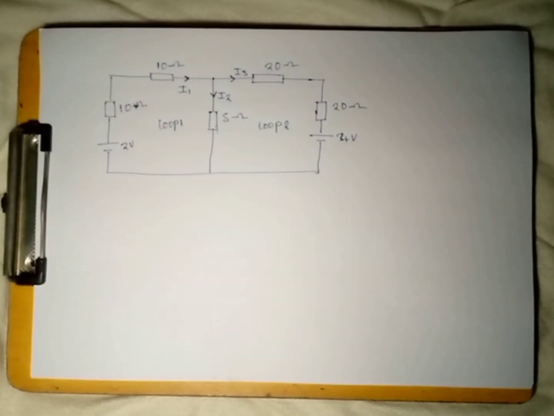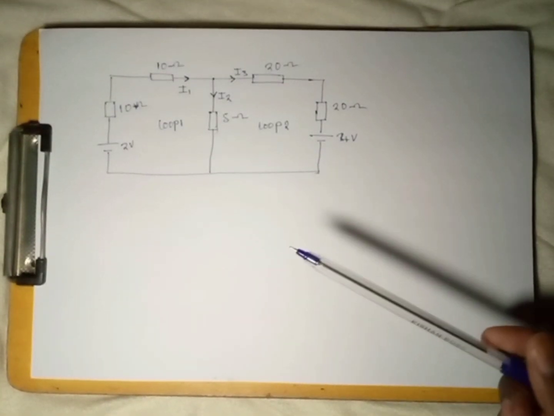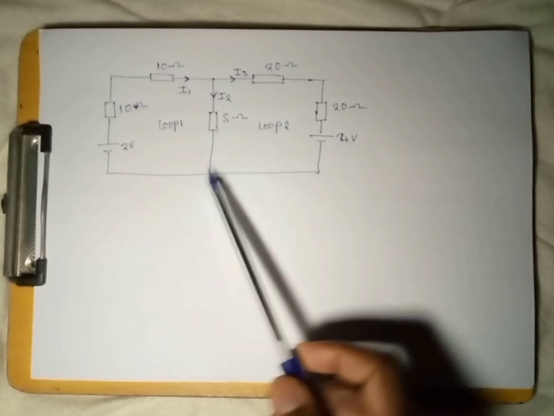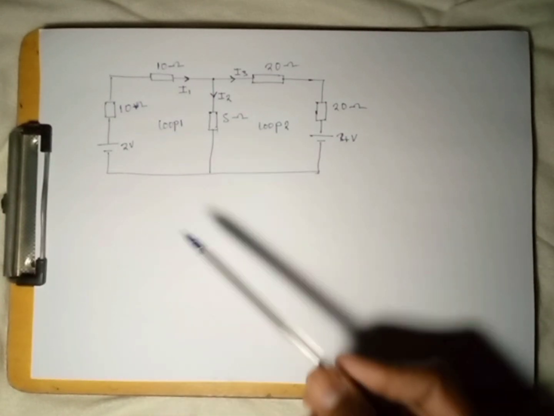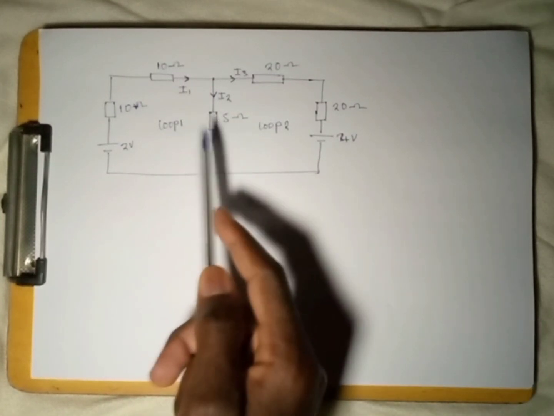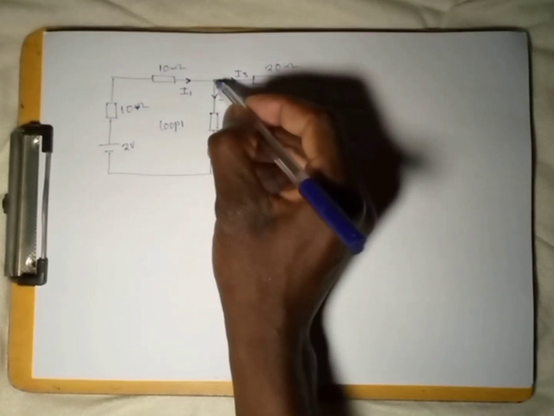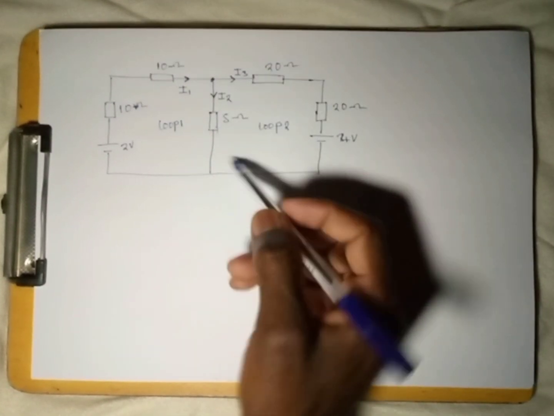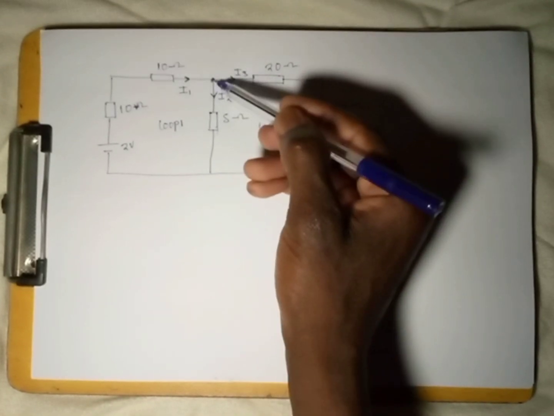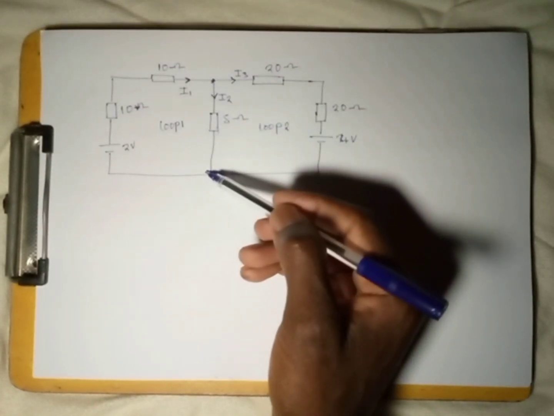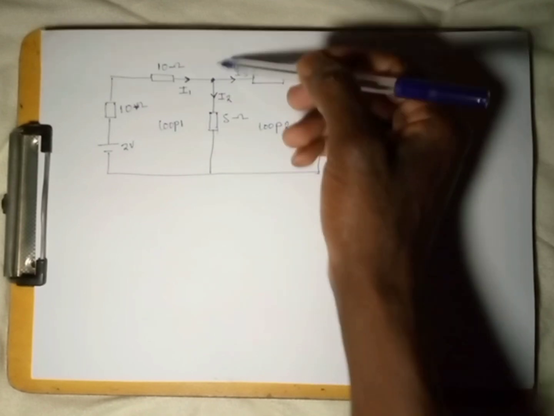Now if you check this circuit, I've assigned the currents. The current is moving in that direction towards this junction, or rather towards that node. The other one is pointing in the downward direction.